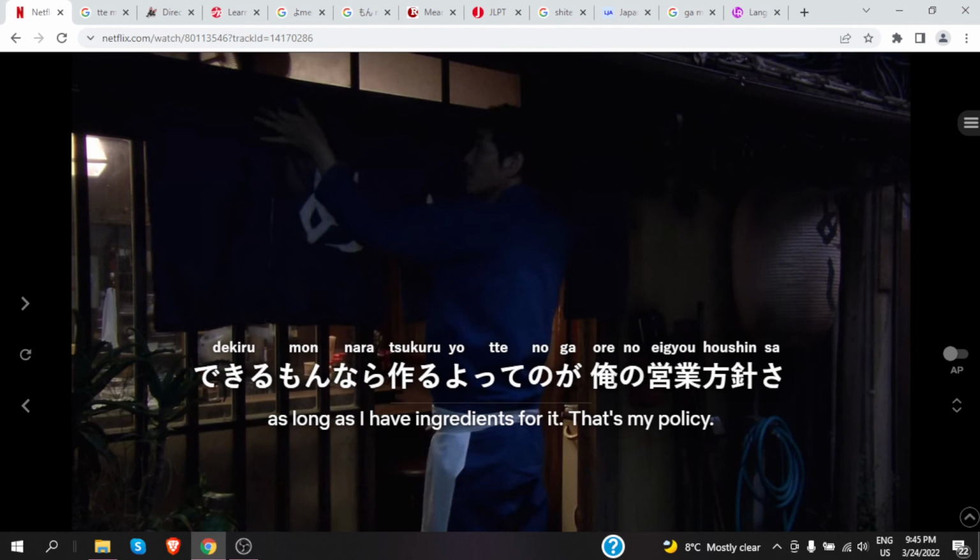Tsukuru, to prepare, to build, to prepare the dish. Tsukuru yote no ga. What were the ones at the end? Okay, I just remember egyo hoshin.